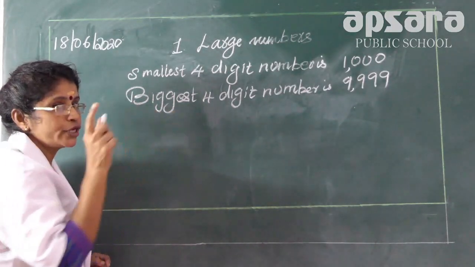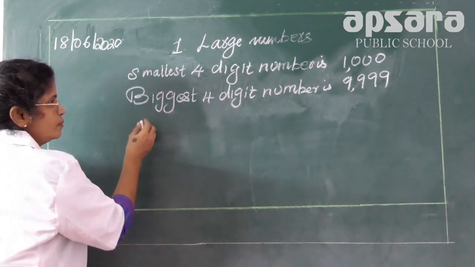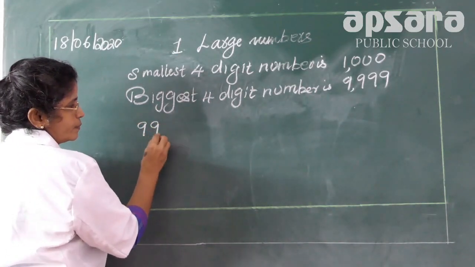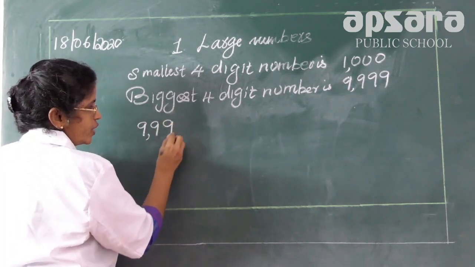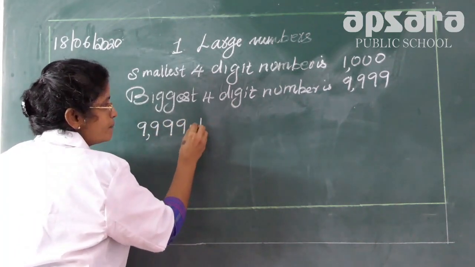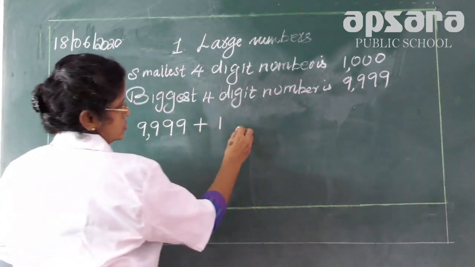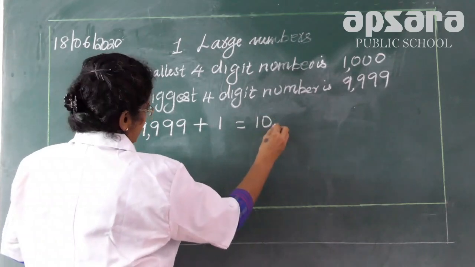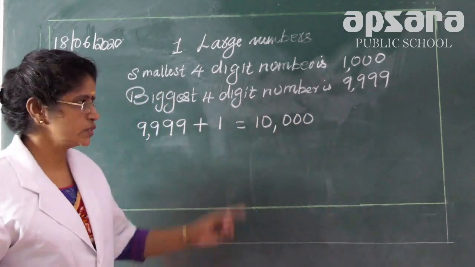Now, I told you about the 5-digit number. Now we are going to see the continuation of it. Just see this. 9,999. Don't forget to put a comma again. 9,999 plus 1. What is it? Yes. 10,000.